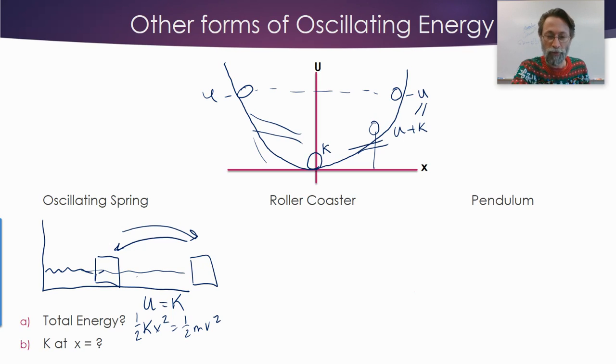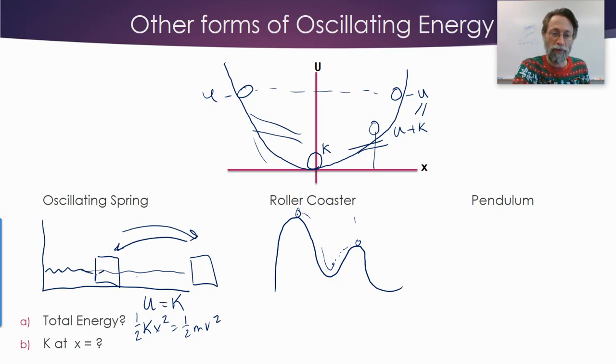Now, if I'm dealing with a roller coaster, maybe I have a coaster that looks like this. I have the first hill with the first big drop, and it comes down, and then it goes back up here to become potential and kinetic. We know there's a little bit of kinetic there because the height hasn't gone back to the original height.